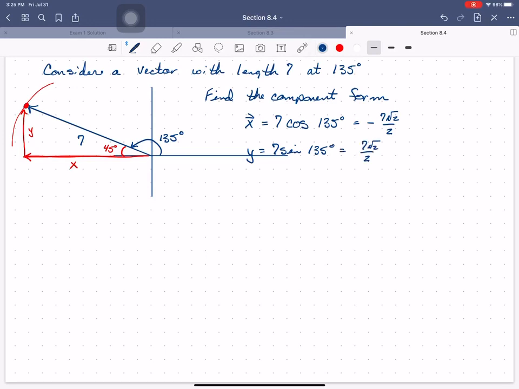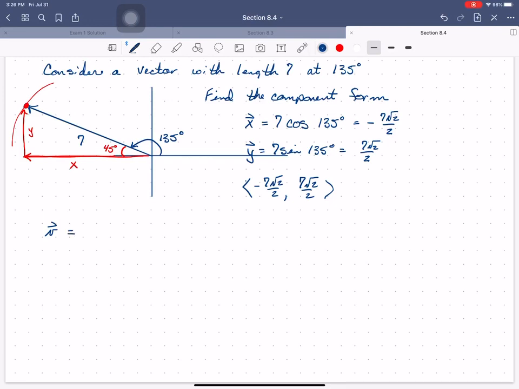So in general, that is the x and y components of this vector. So my vector can be written, in component form, as negative 7 square root 2 over 2, comma 7 square root 2 over 2.